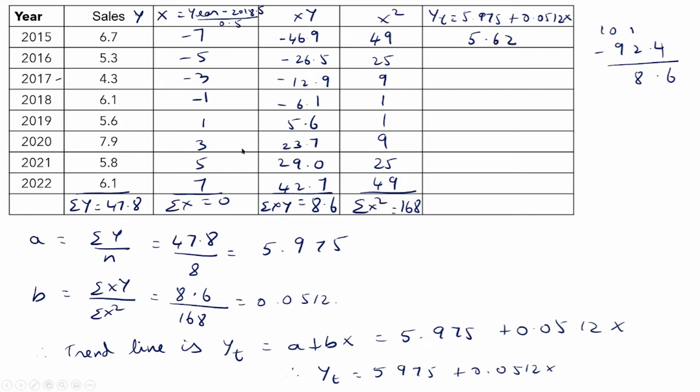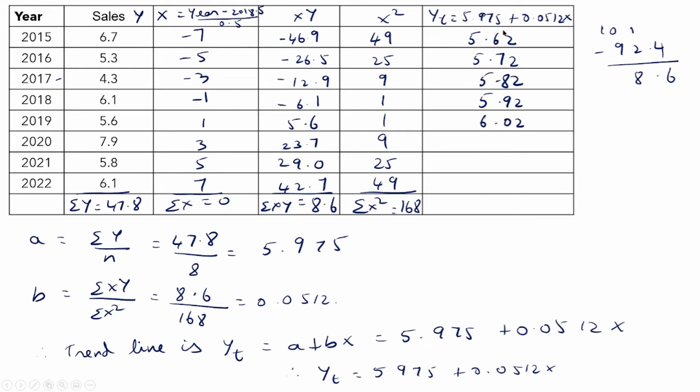Then for 2016, 5.975 minus 0.0512 into 5. So it is 5.72. And then 5.975 minus 3 into 0.0512. It is 5.82. Here I have rounded off to two decimal places. If we proceed like that, we get 5.92, then 5.975 plus 0.0512, when we round off, we get 6.02.